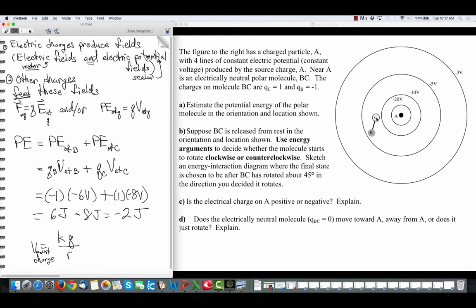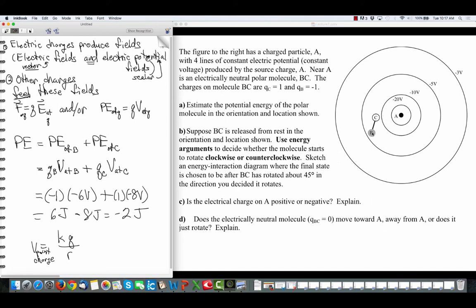Yeah, that's an issue of how much the energy went down. As this thing rotates, or if this center of mass moves toward the right, then the energy of this positively charged particle is going to drop.